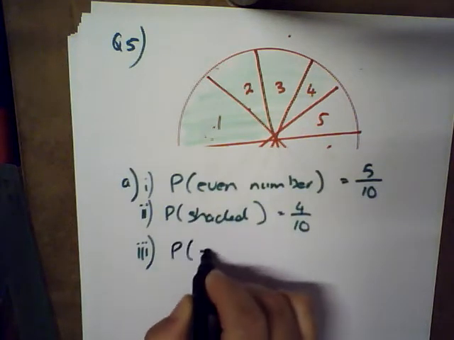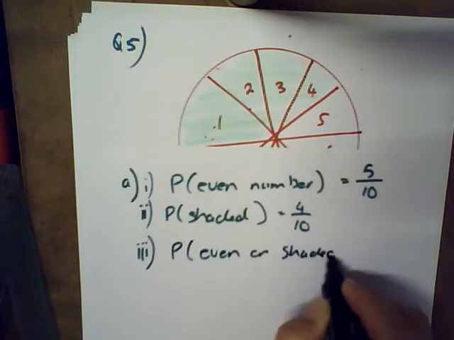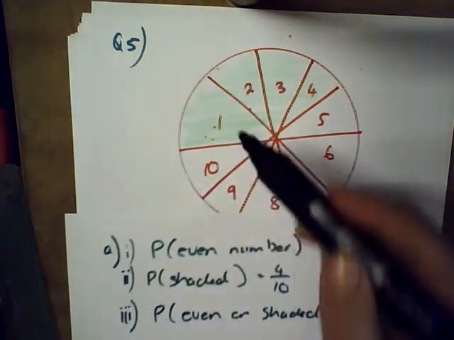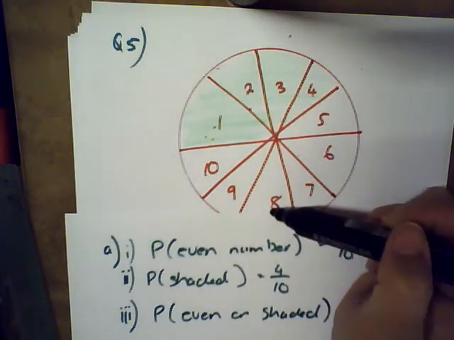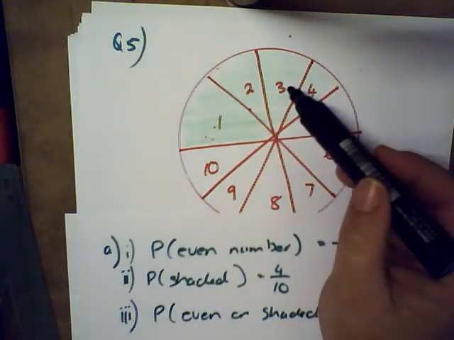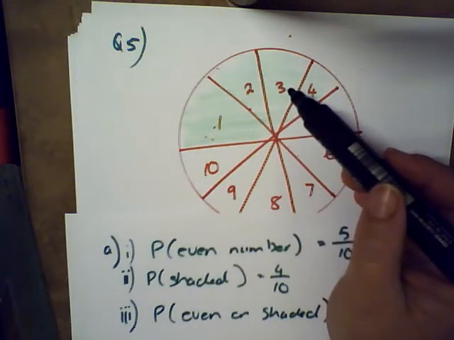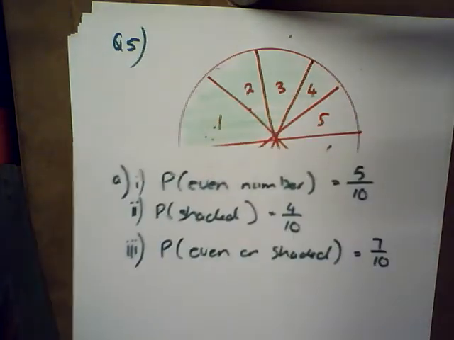So probability that it's even or shaded. Now, even we know that 1, 2, 3, 4, 5 parts, and then 1, 2 are odd numbers that are also shaded, so it would give us 7 out of 10.